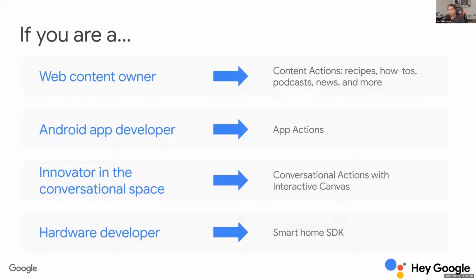That also plays a major role because even SEO, search engine optimization, and the way people are searching for stuff and how Google gives back the content is changing. Before, when you searched for a recipe, you just got a link of the site with the best rank. But now when you search for a recipe or how-to, you would get step-by-step instructions directly on your search, right? All of that is possible using content actions.